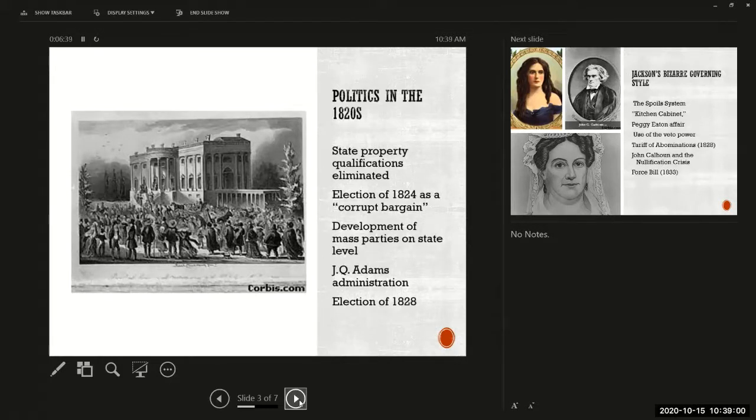As a result, voting rates were up in the 70s and 80% of the possible electorate. Now we're lucky if we have like 25% of the people who are registered to vote or could possibly vote coming out to vote. But in the early days of the Republic, this was not the case.